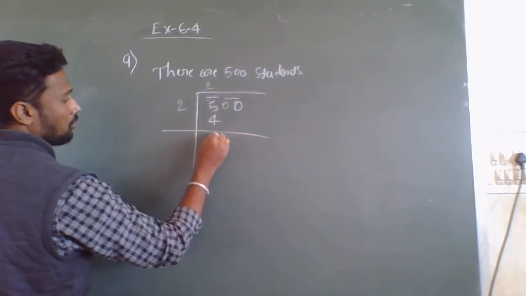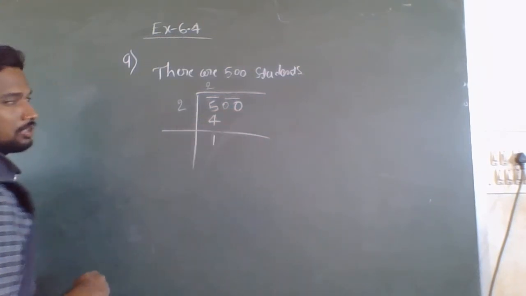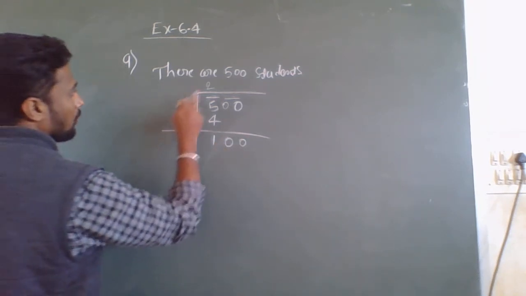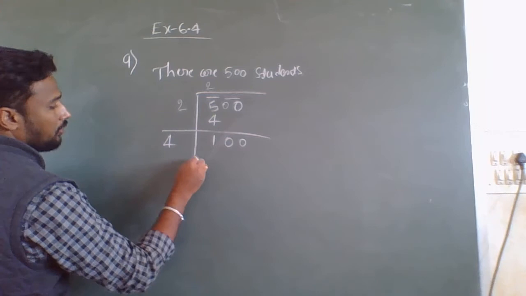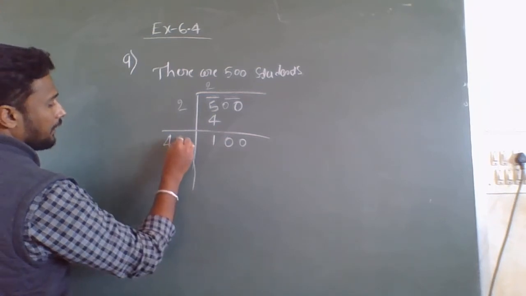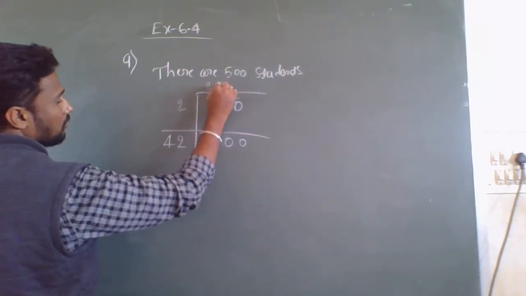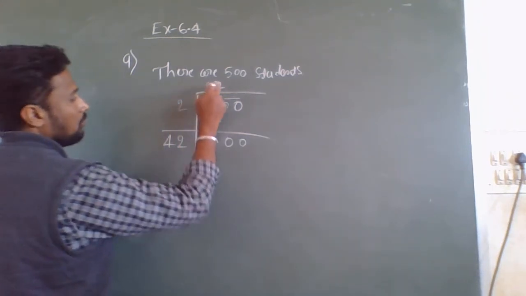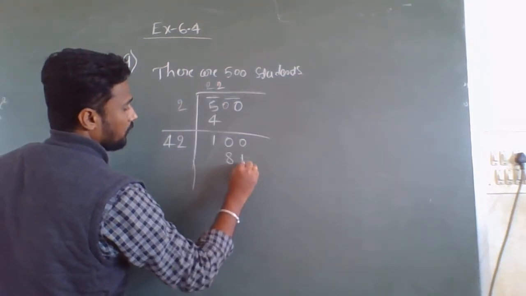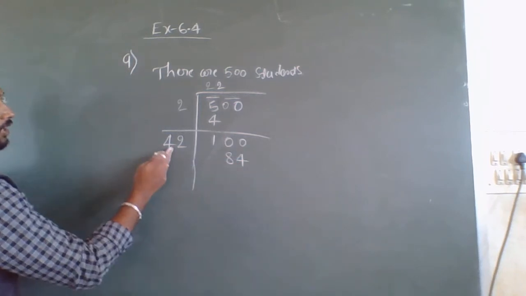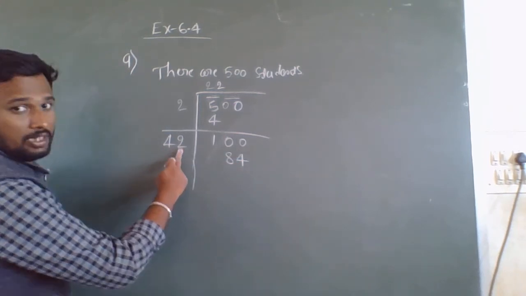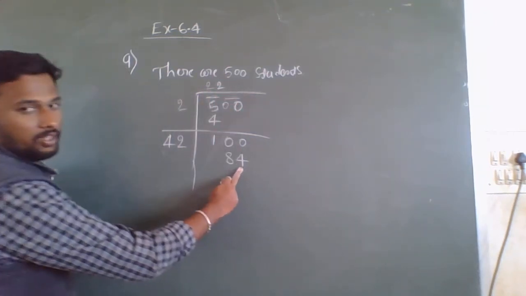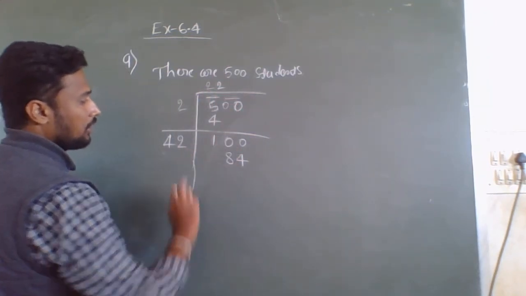So 5 minus 4 means 1, and we will consider the second group. What do we have there? 2 zeros. Next 2 plus 2 means 4 we will get, and here I will write 2, because 42 into 2 is 84. Suppose if I write 41 means 1, 41 into 1 is 41, which is less than 100.